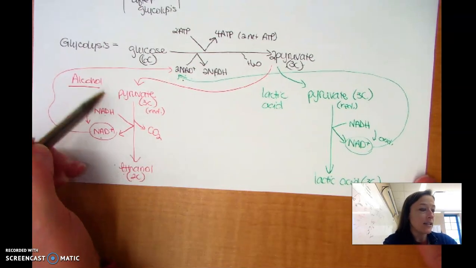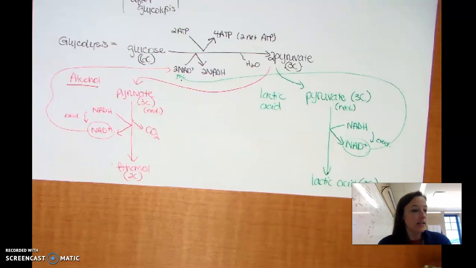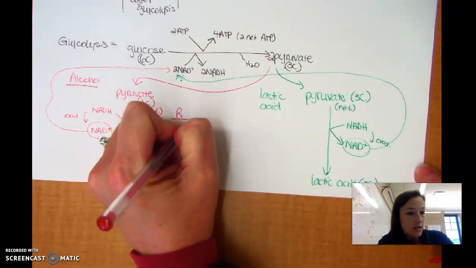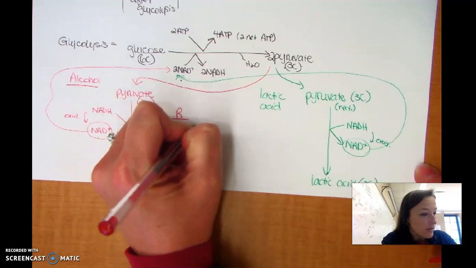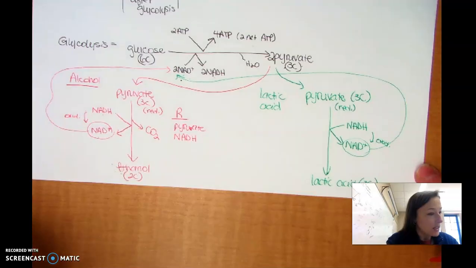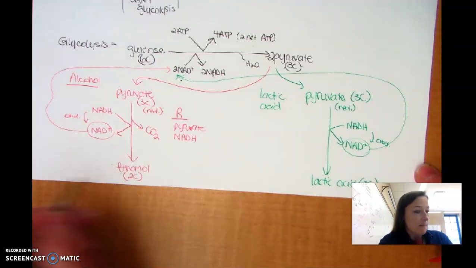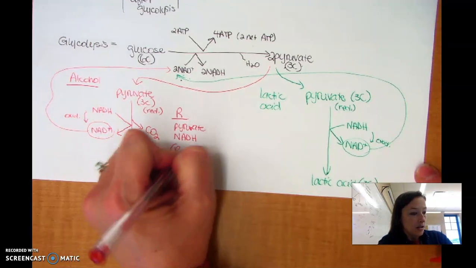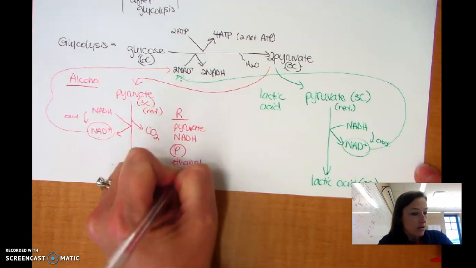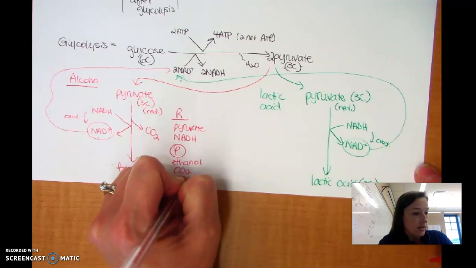The reactants over here would be your pyruvate and your NADH, and that's probably it. And then your products would be ethanol, CO2, and NAD+.